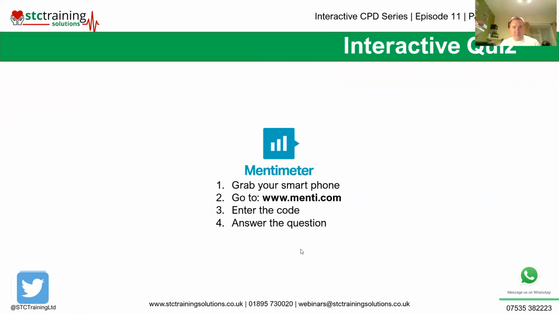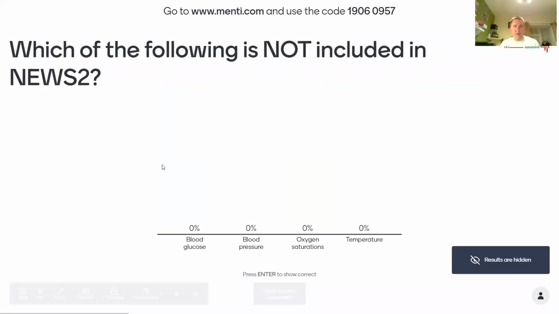So back to the quiz. Let's go see what we have next. Which of the following is not included in NEWS2? We're going to talk about NEWS2 now, those of you that have heard of it. Which of those is not included in NEWS2? Blood glucose, blood pressure, oxygen saturations, or temperature.